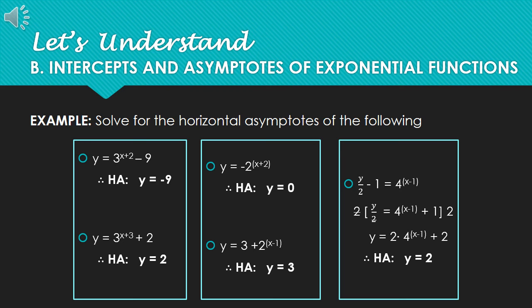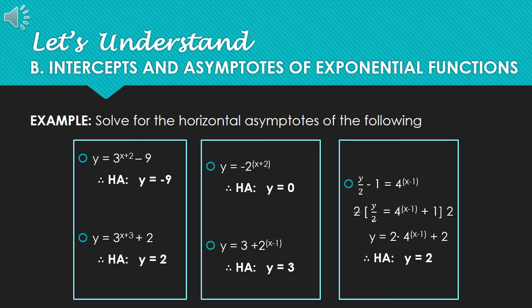So, here below, the translation comes first: 3 plus 2 raised to x minus y. So, regardless of where it is placed, still our horizontal asymptote is equal to 3. And for the last, we have y over 2 minus 1 equals 4 raised to x minus 1.